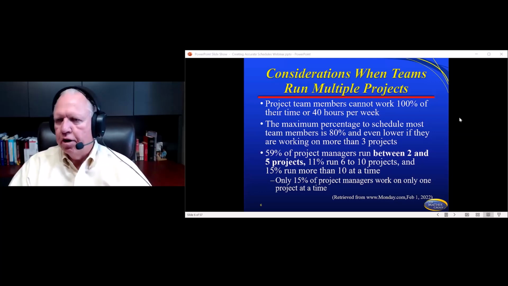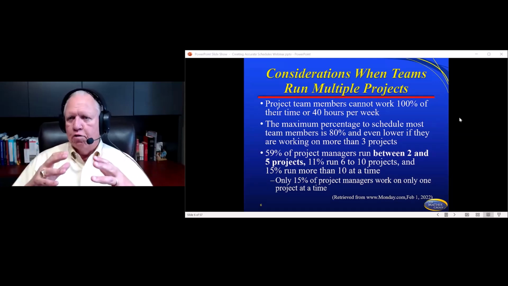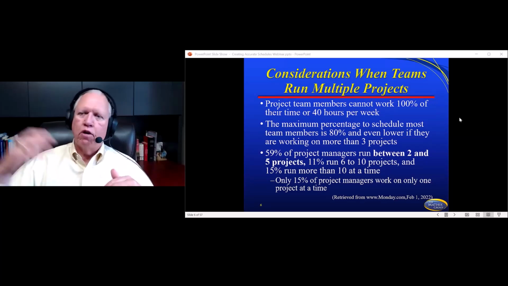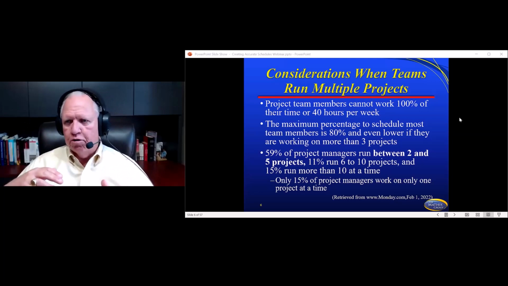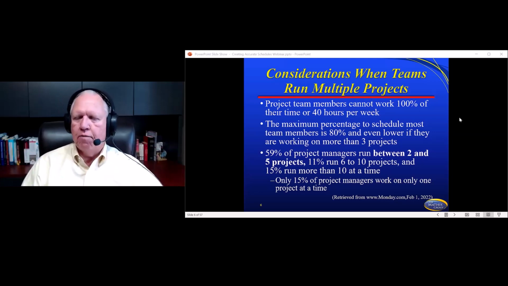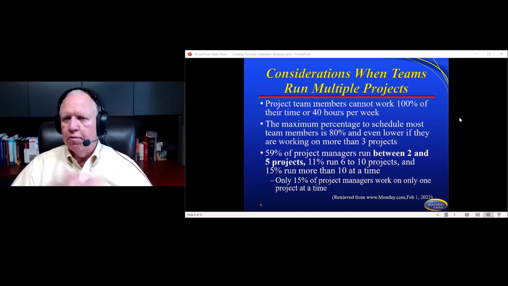But that's not the scenario most of your people are in, and that's not the scenario most of you are in. Most of you, because of that skeleton crew, you have just limited staff. You probably have noticed that you've got multiple projects, and everybody's got multiple projects, and it might even be more projects than you've ever run before. So let's say when you were fully staffed, you had maybe 3 projects, but now you find yourself running 6 or 7 or whatever the number is.